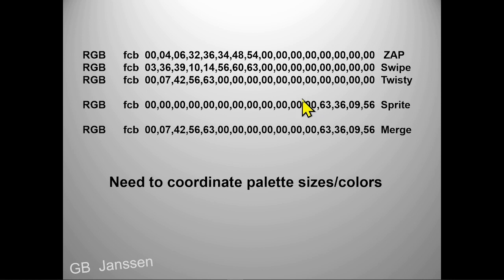I know you can do things like, if you look here, the rocket ship sprite has a 63, which is white. If you look up here, the Twisty had a 63, a white, and the Swipe had a 63. I don't know how you'd ever figure that out. It'd be a nightmare trying to guess all this stuff. So just work with it, and just remember, you have to coordinate it somehow.